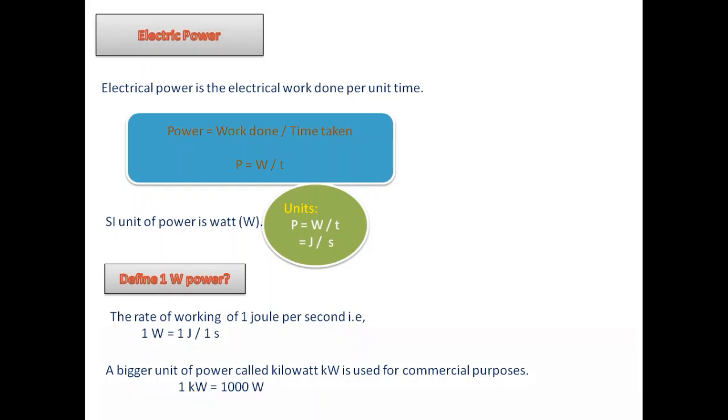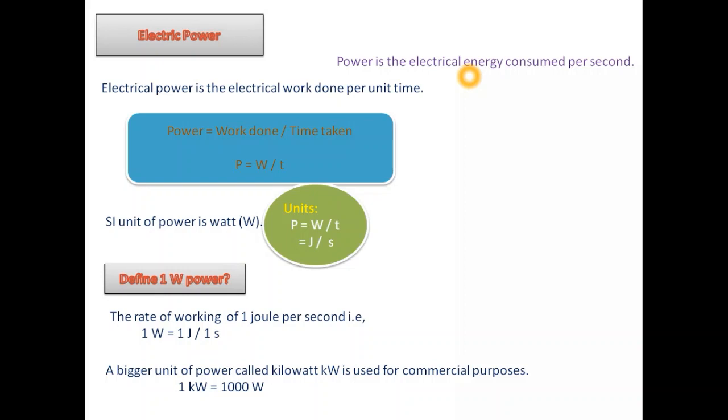So we can also say that electric power is the energy consumed per second, because work and energy are equal. That is why we can replace work done by energy. So this is another definition for power: electrical power is the rate at which electric energy is consumed, or the electrical energy consumed per second.